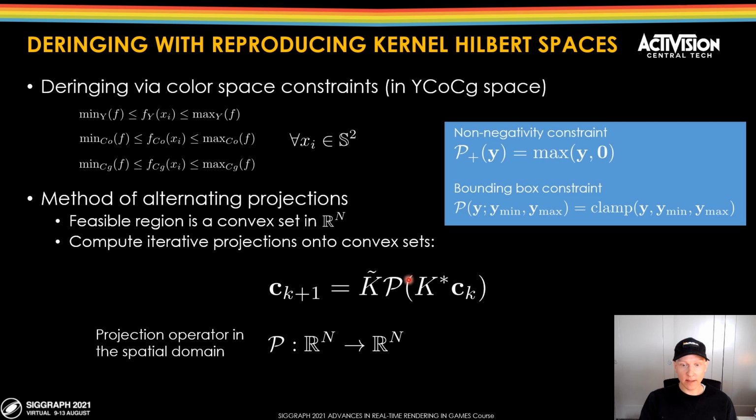Now, this idea can be extended to other constraints very easily. All you need to do is modify the projection operator. For instance, if you want to apply a non-negativity constraint, that's simply another clamp, or another max operation, in the spatial domain. Very simple to do in the point-wise domain.